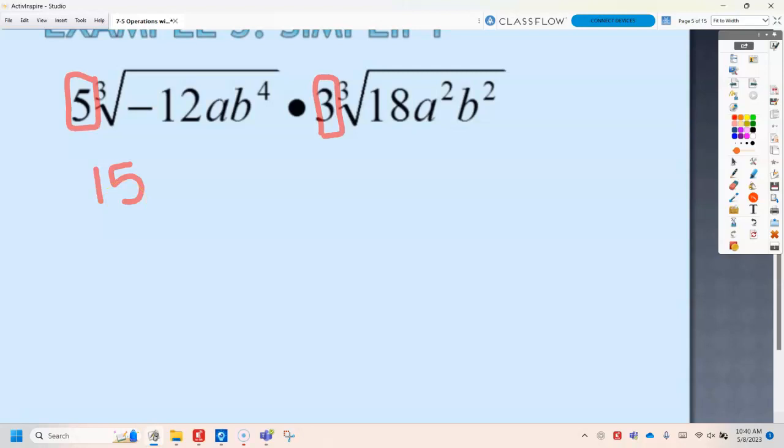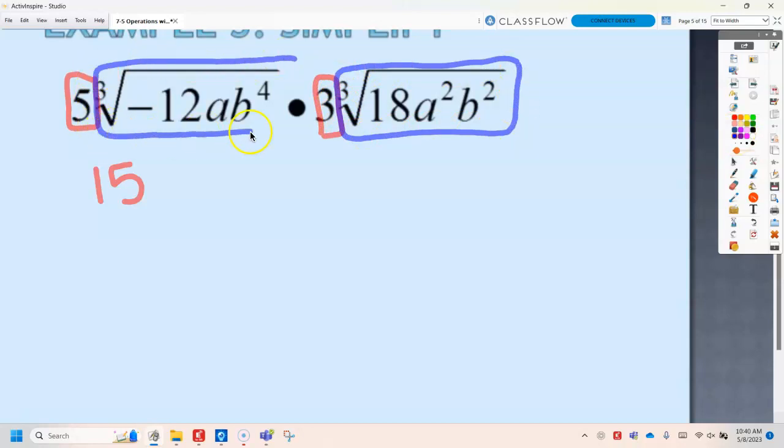And then what I want to do is combine this cube root with this cube root. So I'm going to take two separate cube roots and make them one. So you're going to multiply 12 by 18.